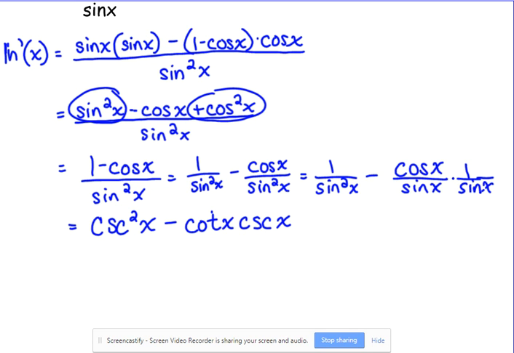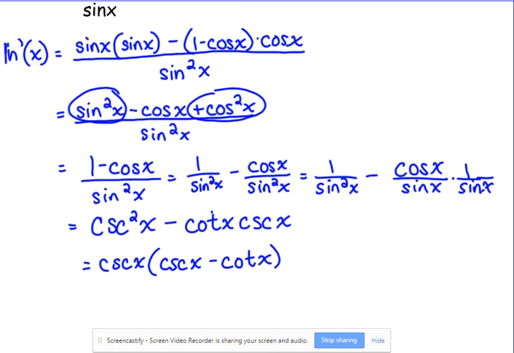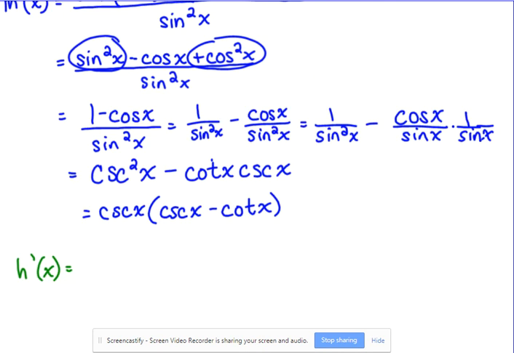Now, I don't like that order, because for whatever reason, I like cosecant to come first. But we could also factor this one. Cosecant of x times cosecant of x minus cotangent of x, because both of them have cosecant. All right, so if we take the derivative of the rewritten version, I'll do this in a different color. When we rewrote it, it was cosecant, right?